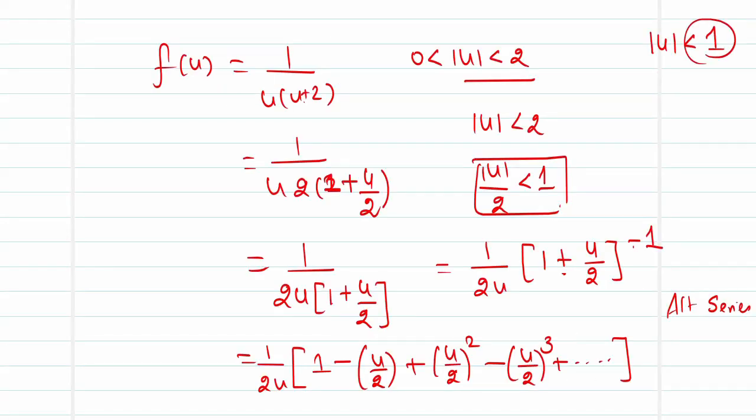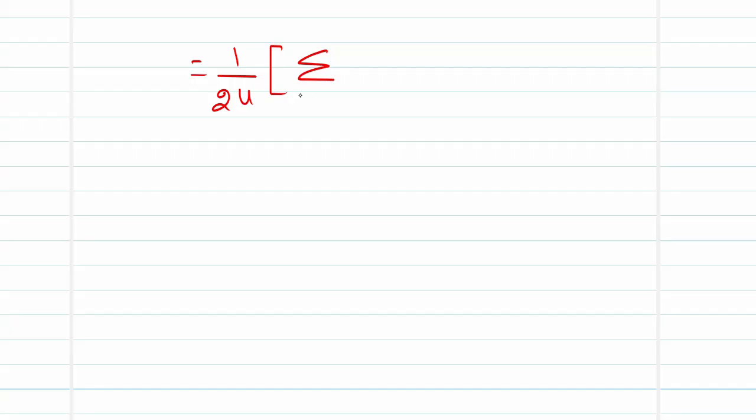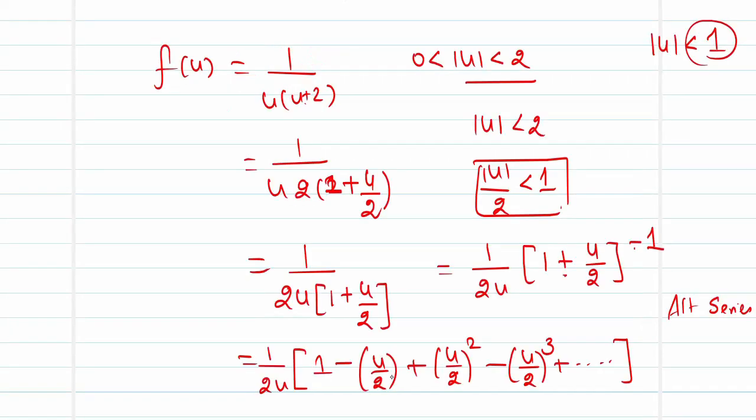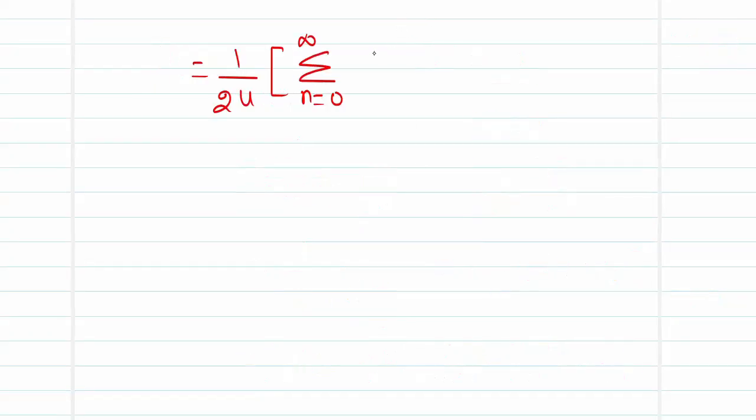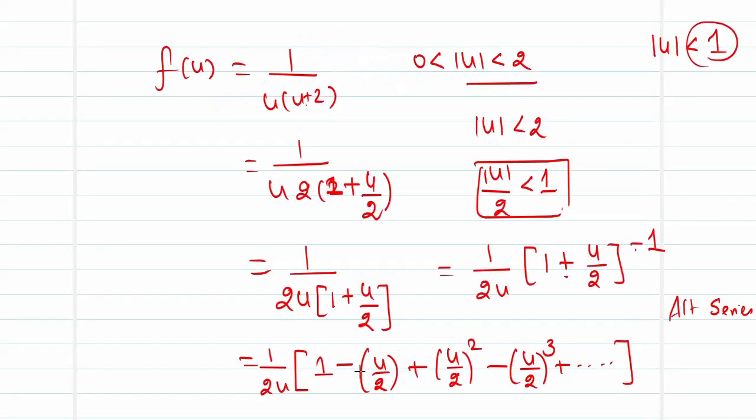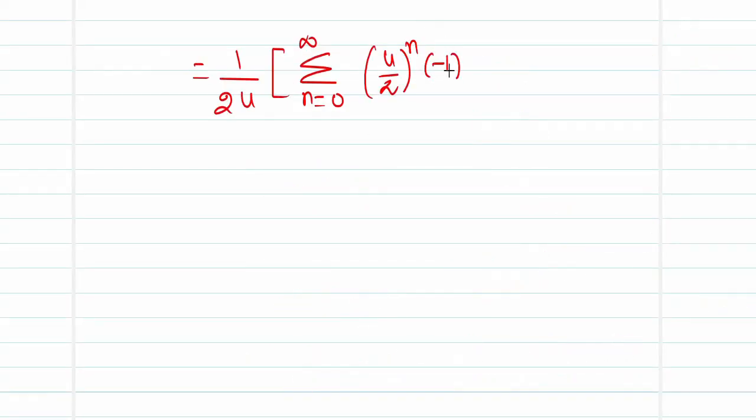Hence I can rewrite the entire expression as 1 divided by 2u, summation n varying from 0 to infinity, with the term u by 2 to the power n, which generates these terms. But how to generate the alternating positive and negative sign? This can be taken care of with minus 1 the whole to the power of n.